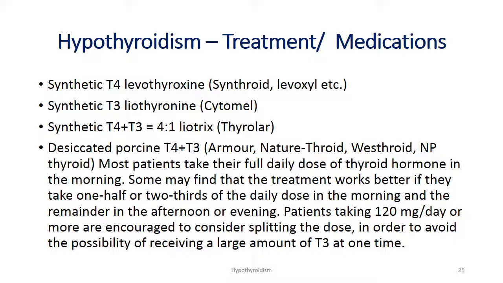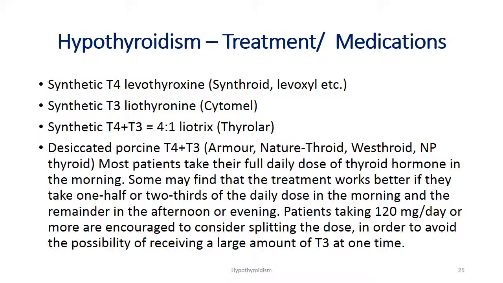Currently, there are different types of medications available. Synthetic T4 in the form of levothyroxine under brand names such as Synthroid and Levoxyl are most commonly used. There is synthetic T3 available, such as Cytomel brand. There is synthetic T4 and T3 with a 4:1 ratio, such as Thyrolar.